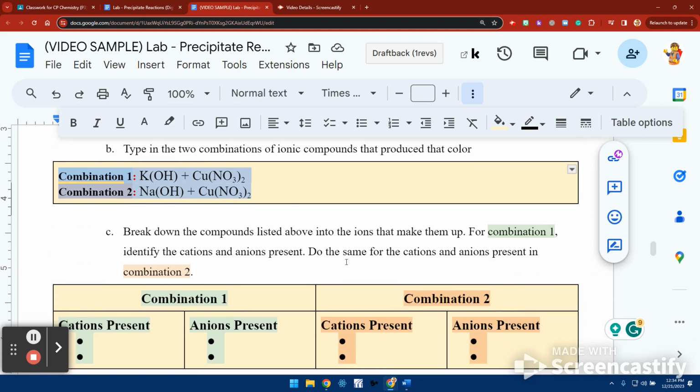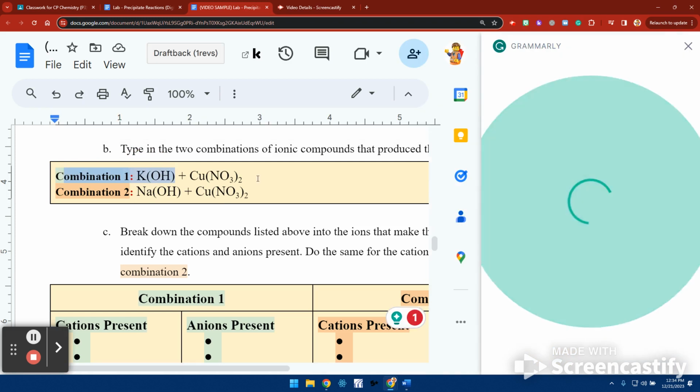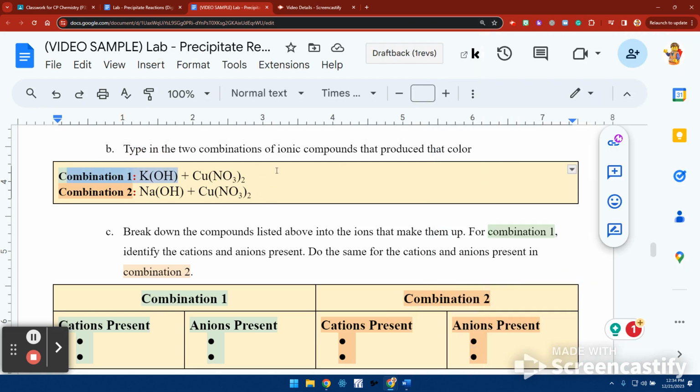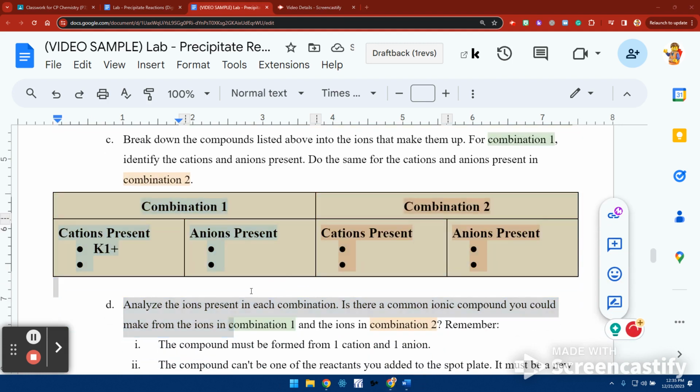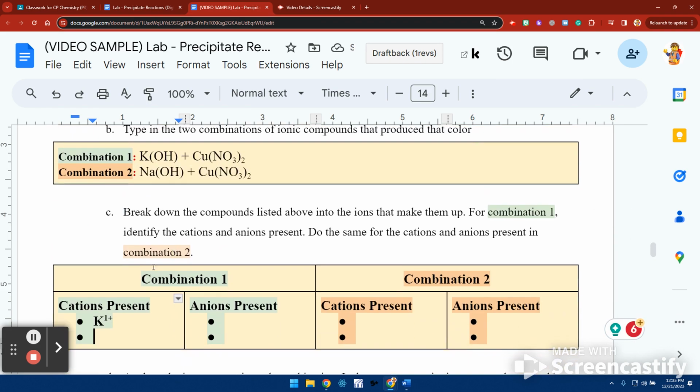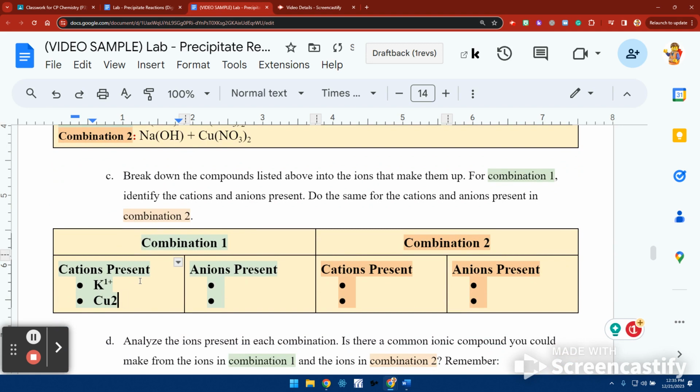So now the next step is I need to break these compounds down into the ions that made them up. So combination 1 of potassium hydroxide and copper 2 nitrate. The positive ions were the potassium, K with a +1 charge, and the copper, Cu2+.